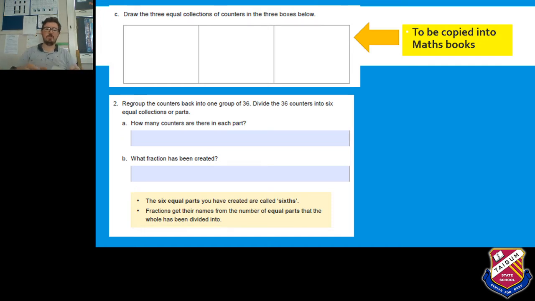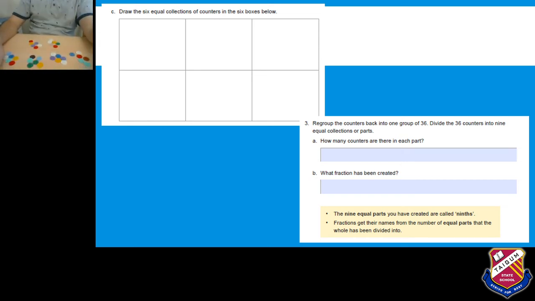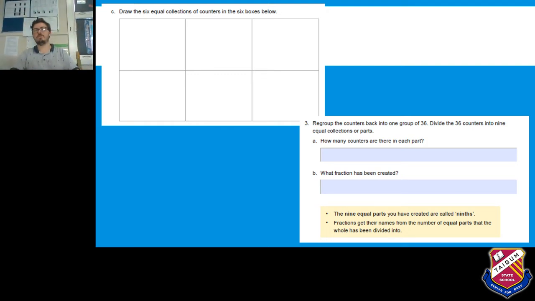And that's why the vinculum is the same as a division symbol. Now, draw the 6 equal collections of counters in the boxes below. So you're going to draw that into your boxes in C. Off you go. Pause the video.